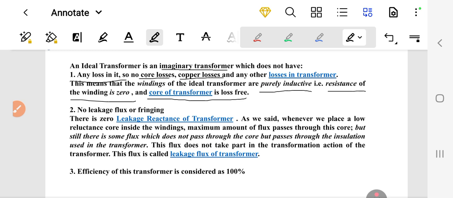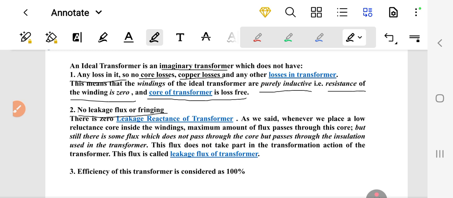The second assumption for an ideal transformer is no leakage flux or fringing. The leakage flux is the flux that passes through air and does not pass through the core material. Therefore, we assume that there is zero leakage reactance of the transformer, as we represent the flux with an inductive reactance.